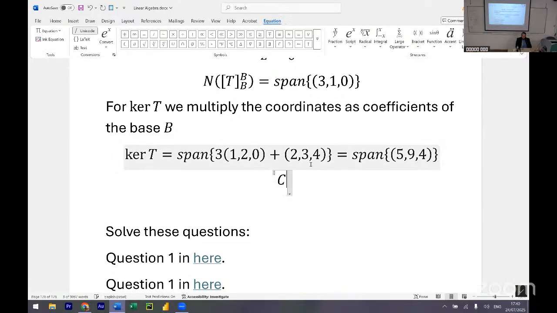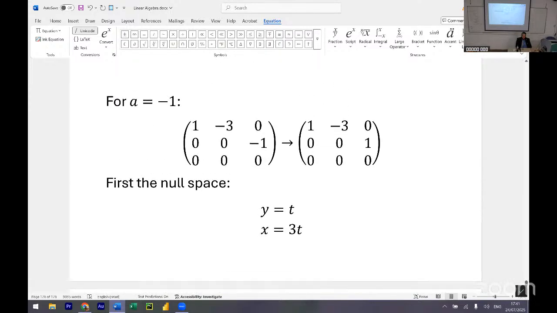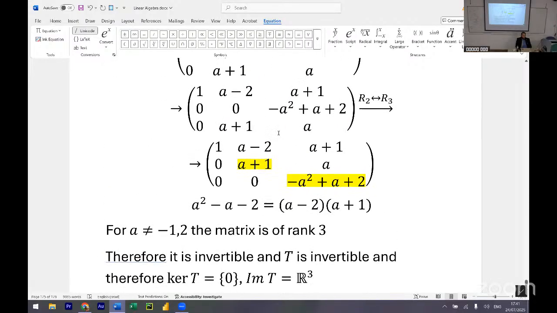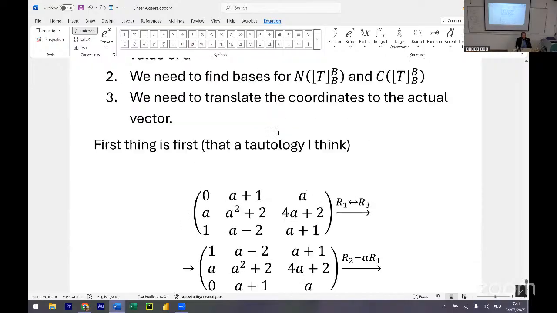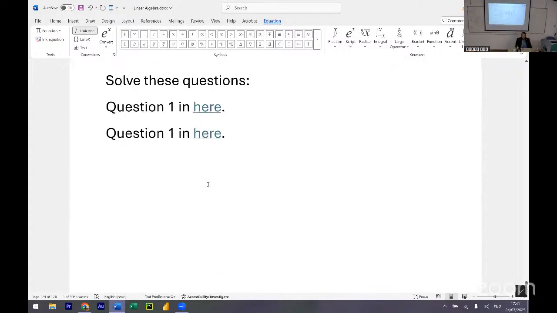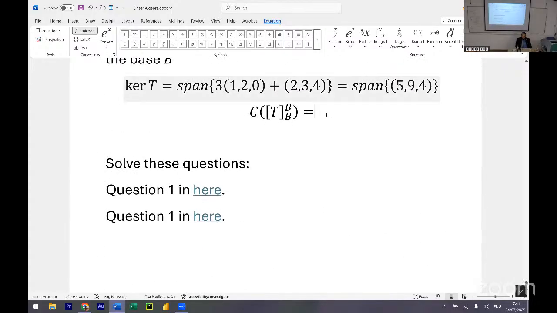Next, we do the column space. Because we have pivots in the first and last columns, we take the original columns of the matrix, before we did anything. So I'll write it here.